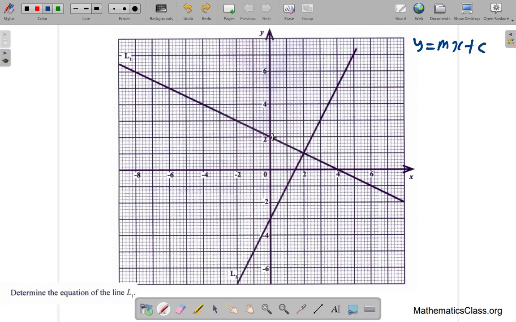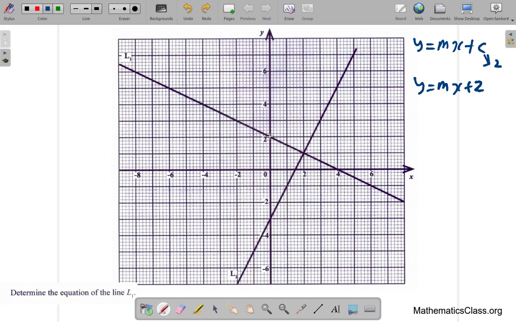L1 intersects the y-axis right here at 2. So far you can see that c is 2. So what we have is y equals mx plus 2. What you will need to find are m and c. We already found c, but m now, the gradient.